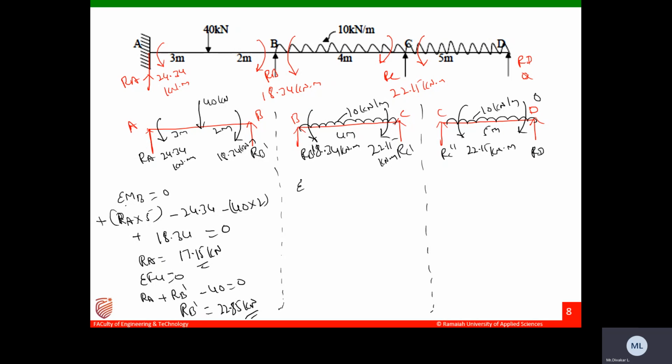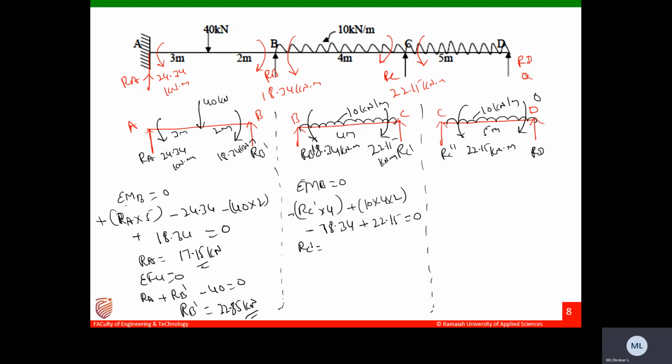Similarly, now let us take this beam. Sigma MB equals to 0: RC dash into 4, it is minus, and plus 10 into 4 into 2, load into distance by 2, then minus 18.34, plus 22.15, that equals to 0.